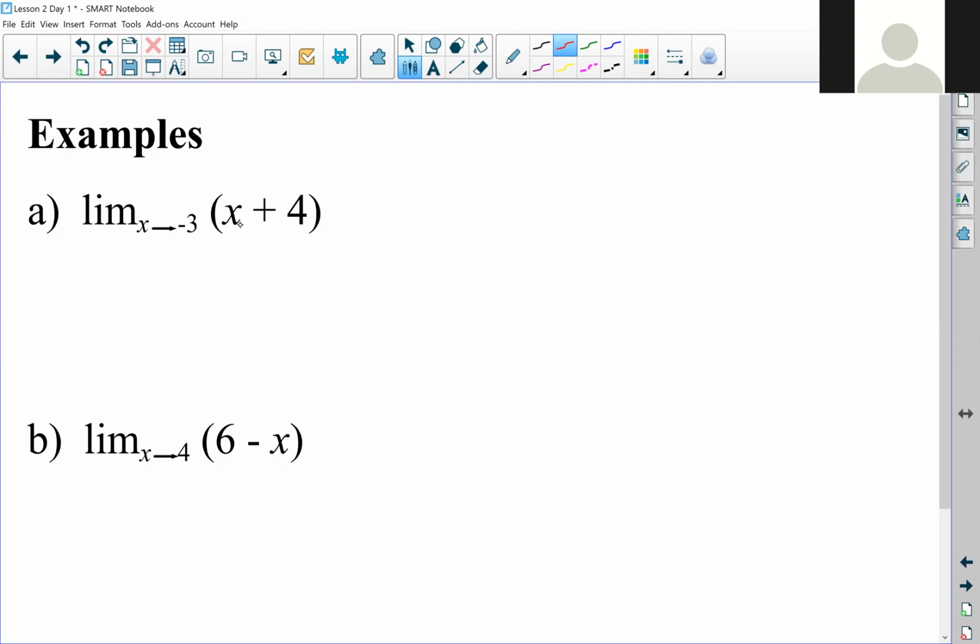The reason we can do that is we have the property about sums, which says the limit of that sum is the limit of the first plus the limit of the second term, which means the limit of the first term, that's our friend, the identity function.